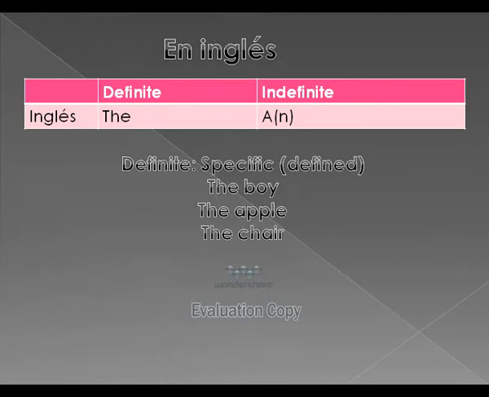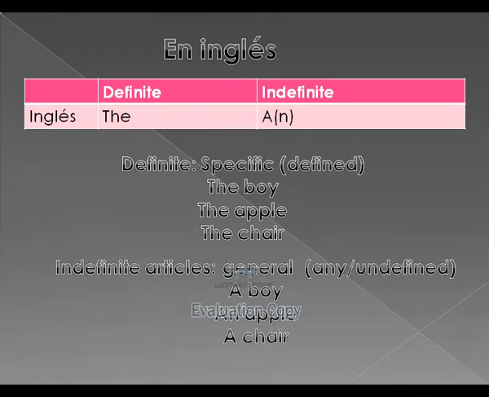Definite articles like the boy, the apple, the chair, we are being specific. We know a specific, a defined, definite boy, apple, or chair that we want. We know which one we want. We know which one we're talking about. But when we say a boy, an apple, a chair, we are talking in general.